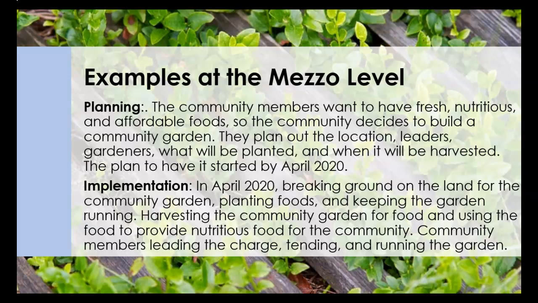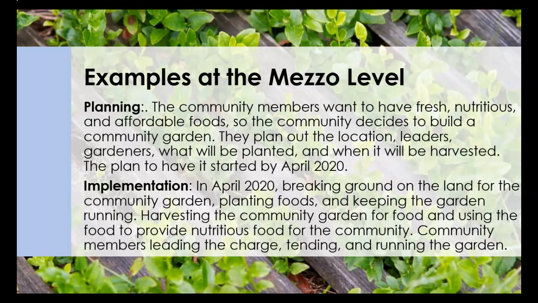So the broad goal: the community members want to have fresh, nutritious, and affordable food. That is the goal. Who? The community that will be building the community garden. That is the who. How? By building the community garden. Breaking the ground for the community garden is the how.